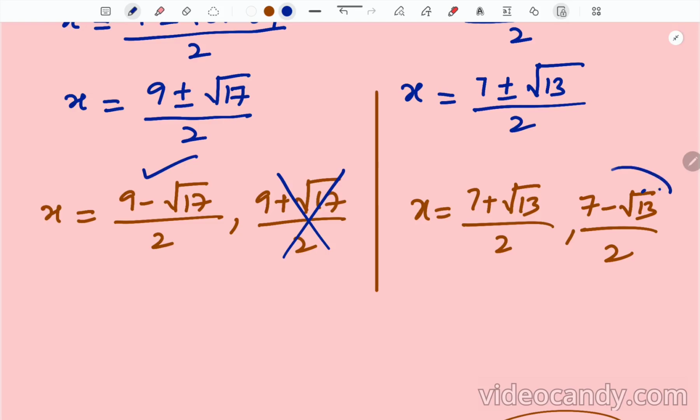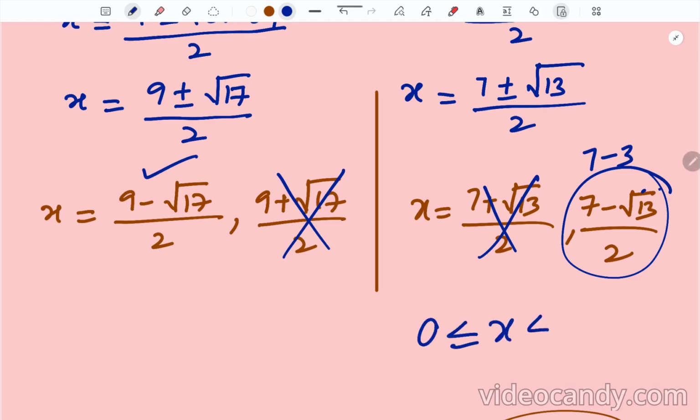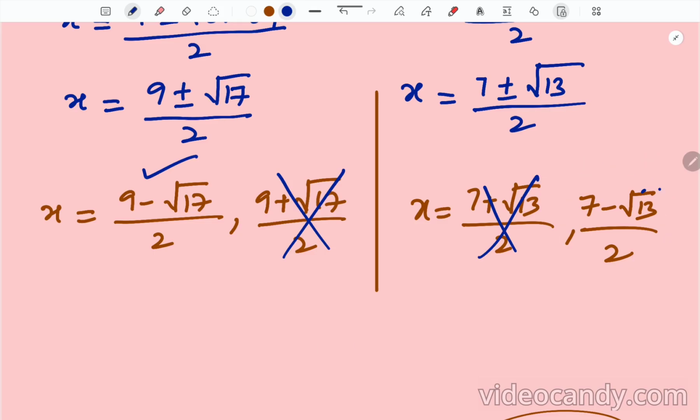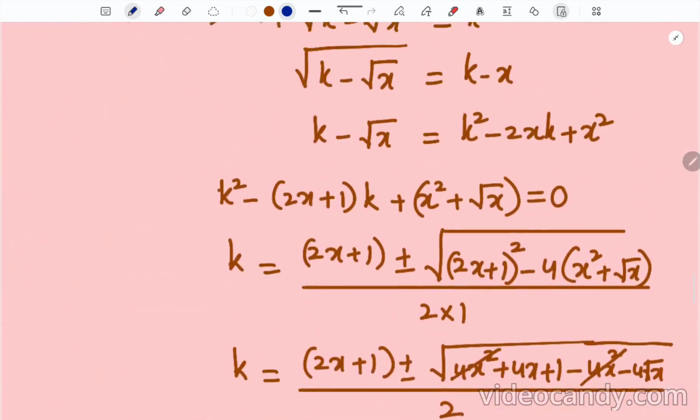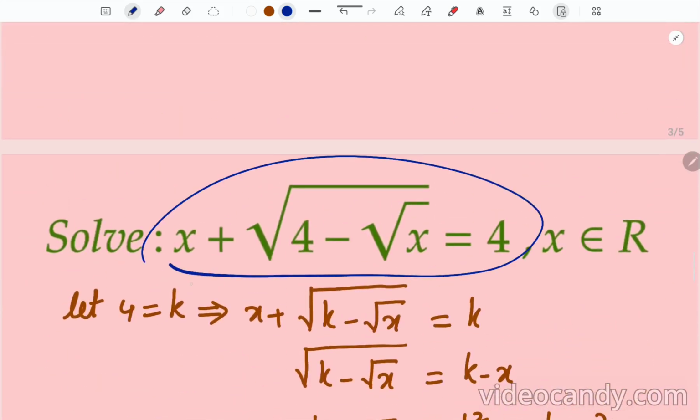Now this one, 7 minus root 13 by 2. Here 7 minus root 13 is nearly 3 or 3.5 you can take. If you divide that by 2, you will get a value in the range of 0 less than or equal to x less than or equal to 4. So you need to check this with the question now. You substitute these in the given question.